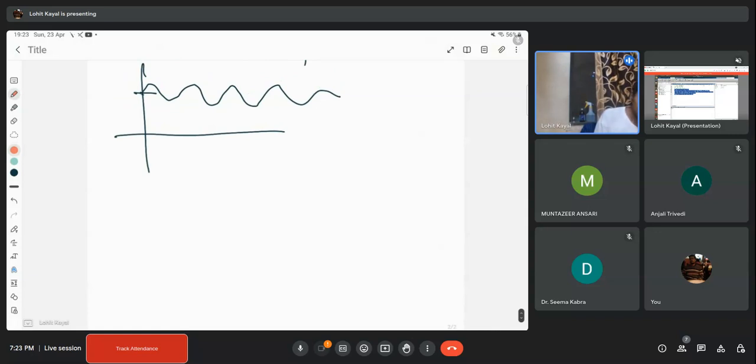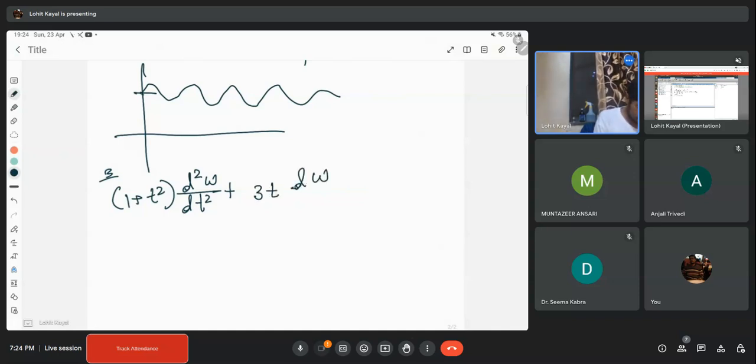Right. So now the example is 1 plus t square d square w dt square plus 3t dw dt plus 2w equal to 4.